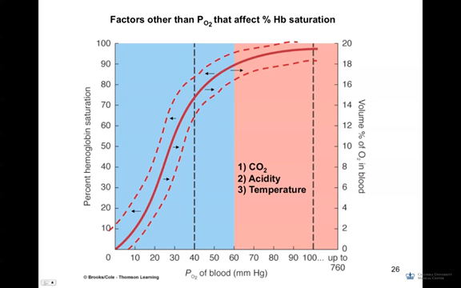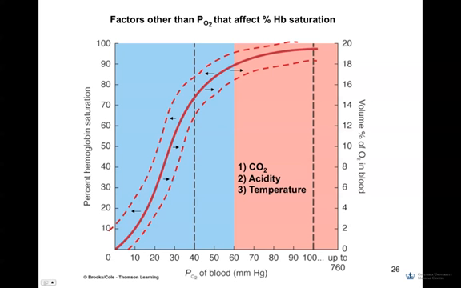So when CO2 levels are high, that reflects a higher rate of metabolism, so more metabolically active tissue. So you can have a tissue bed, let's say a particular skeletal muscle group that's working very hard. It's going to have a local concentration of CO2 that's a little bit higher than the rest of the body.